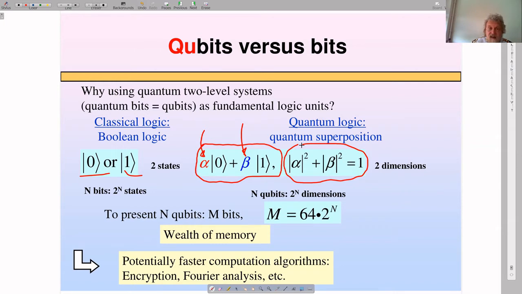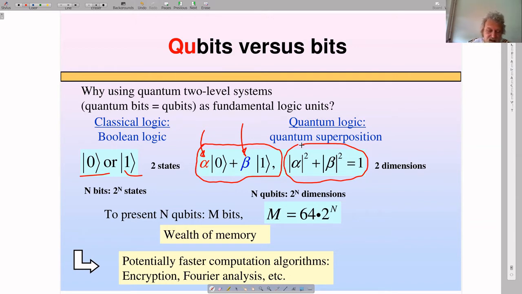It can be represented with a finite number of classical bits, say 64 bits is usually quite enough to present a floating point number.